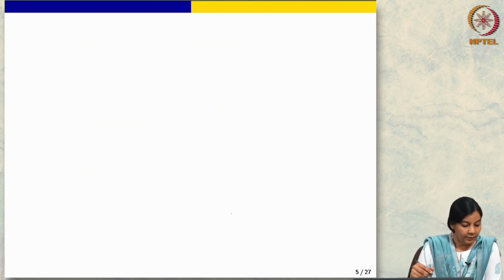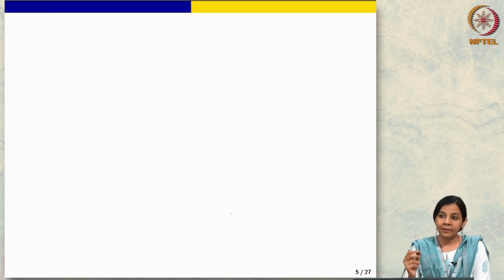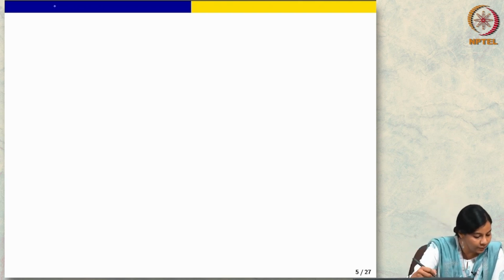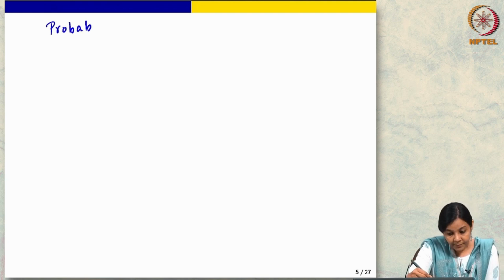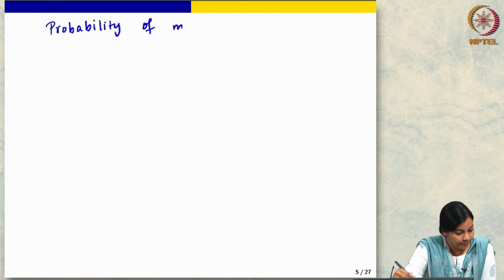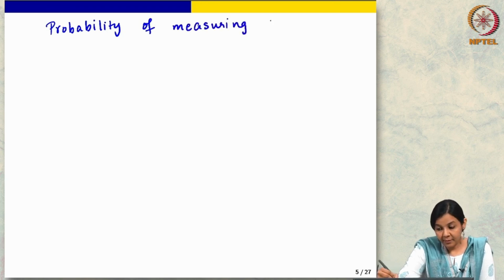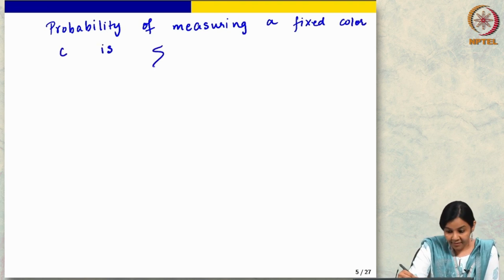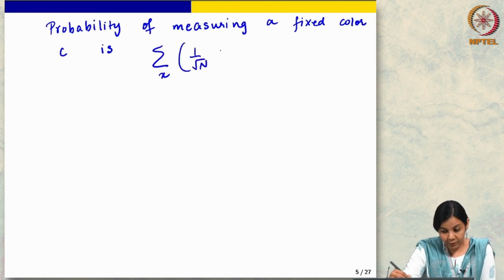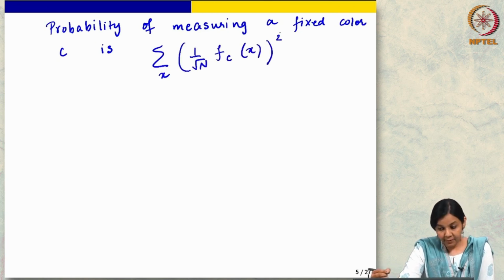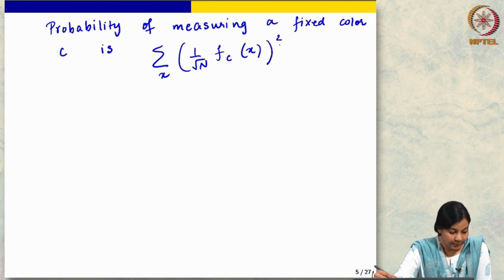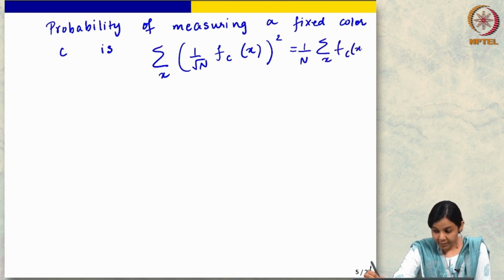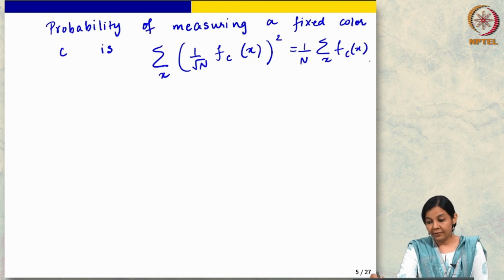Now, first of all, one question that we have to answer is what is the probability of measuring a given color. It will be 1 over S, but we will write this down. The probability of measuring a fixed color C is the summation over x of 1 over root n Fc(x), the whole squared, which is 1 over n summation over x of Fc(x).